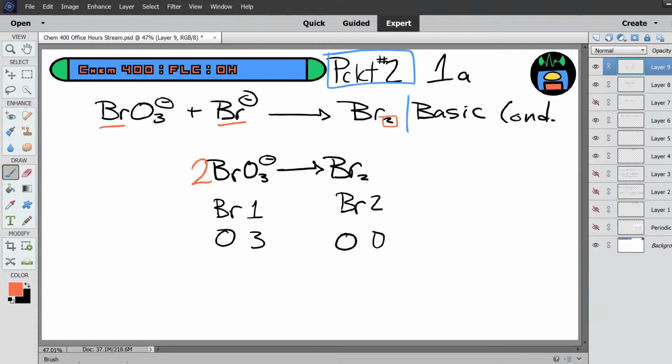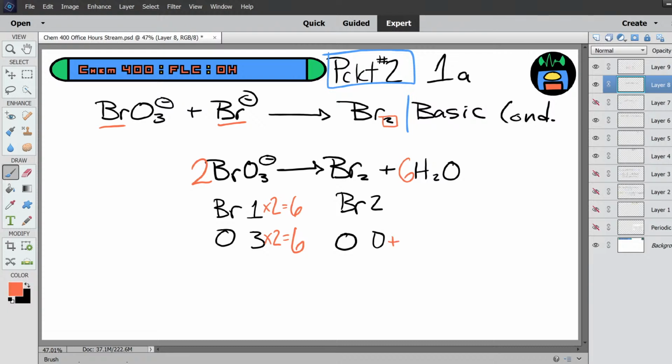So the way you balance oxygen, you'll recall, when you're balancing using the half reaction method, is you do so by adding water molecules. These reactions happen in aqueous solution, so you have water molecules floating around. They may or may not be involved in the reaction. In this case, they are, because we need 6 water molecules to balance our oxygen.